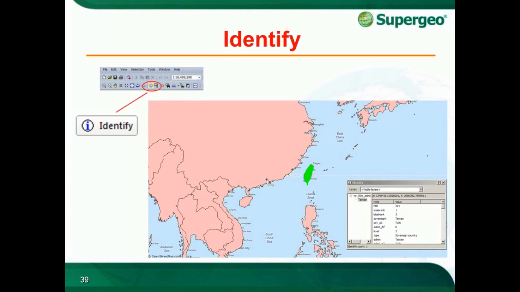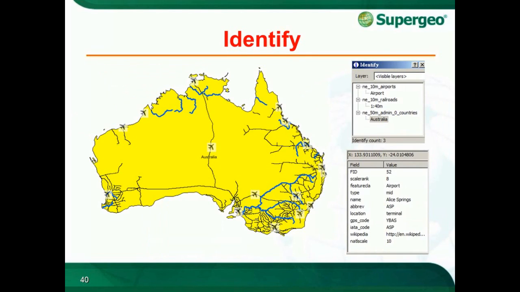Then the Identify window will show up with the attribute information of the selected features immediately. When selecting features from different layers, the window will show the identified features and their layers. Like the upper identify window here, when you click a different feature in the upper panel, the attributes in the lower attribute window will also change immediately.